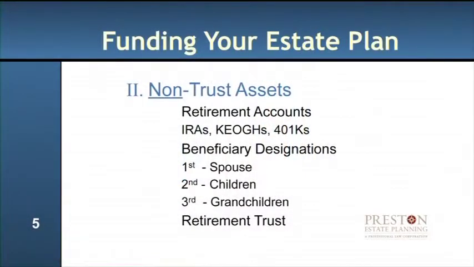So naming a minor is a good idea when it comes to the stretch, but you can't name them directly. You have to use another vehicle, which is called a retirement trust. Now, briefly, the retirement trust becomes the recipient of the IRA, and the trustee of the retirement trust is very often the parent of the grandchild.